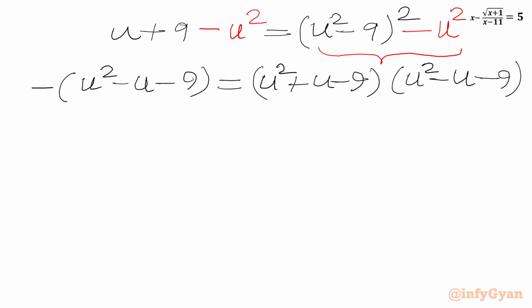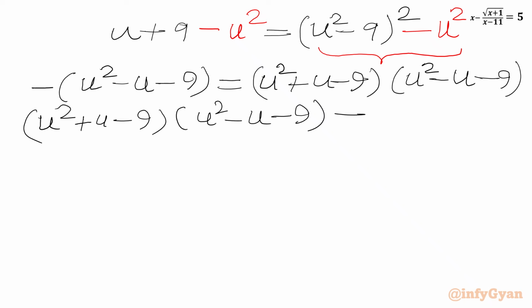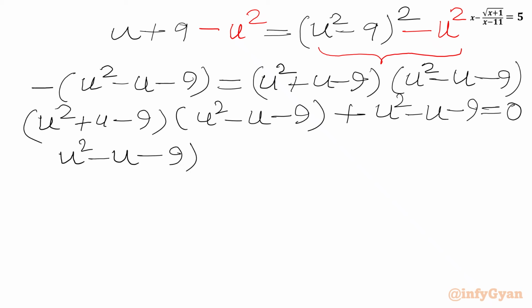Now we are going to take all the terms to the RHS. So we will write (u² + u − 9)(u² − u − 9) + u² − u − 9 equal to 0. Now we will take u² − u − 9 common out.